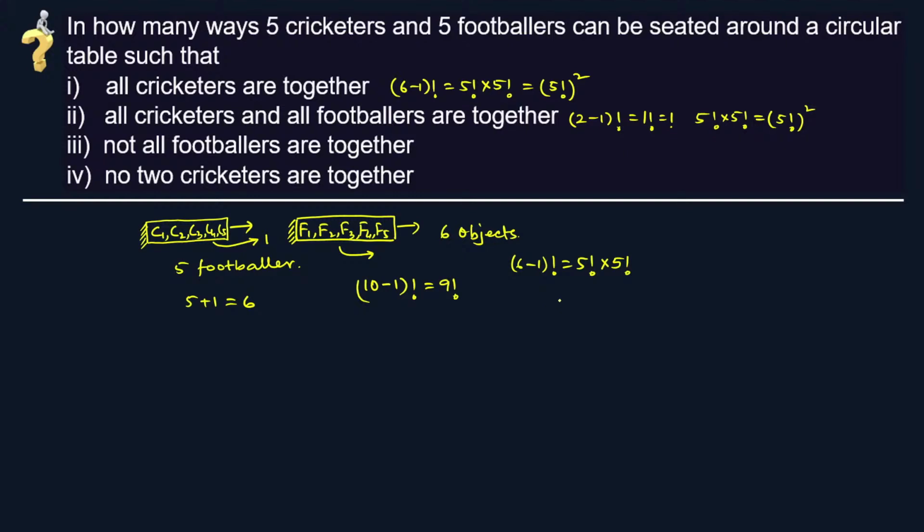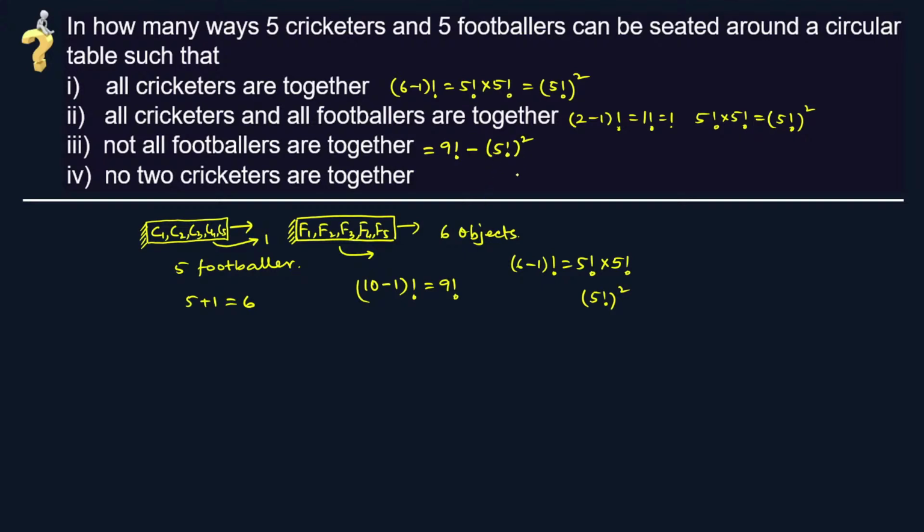Therefore, the total number of ways in which these 5 footballers will be together is factorial 5 into factorial 5, whole square, right? So what is the total number of ways where not all footballers are together? It is the total number of arrangements minus the arrangements where all 5 footballers are together.